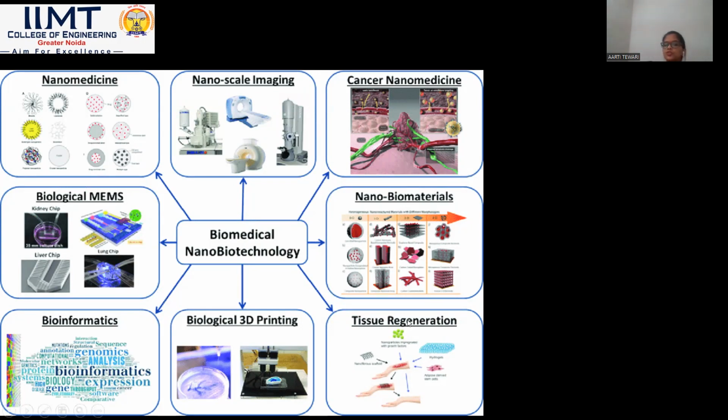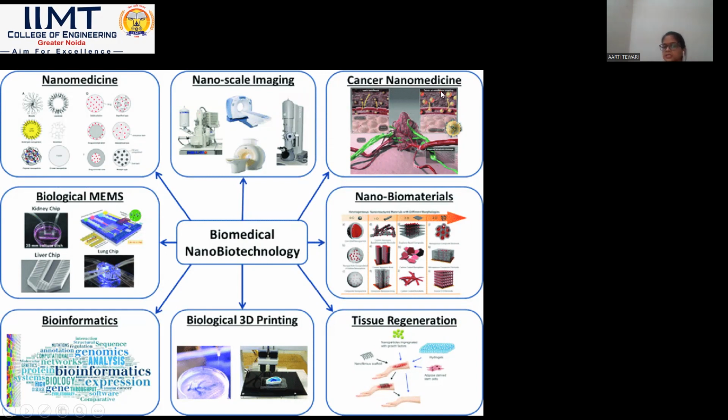Then you have tissue regeneration. Okay. Supposing a person has an accident, and his tissue gets damaged, you can actually regenerate tissue with the help of nanobiomaterials. Okay. Then, in cancer, nanomedicines. Nowadays we see a lot of people reporting cancers and suffering from it.